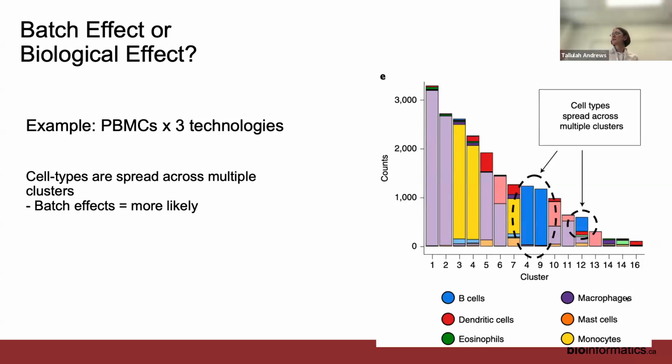If we look at the cell type annotation across our clusters, we again find that for most of the cell types, they're split across multiple clusters, again indicating this is more likely to be batch effects.